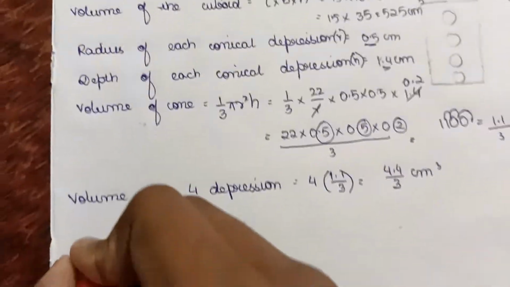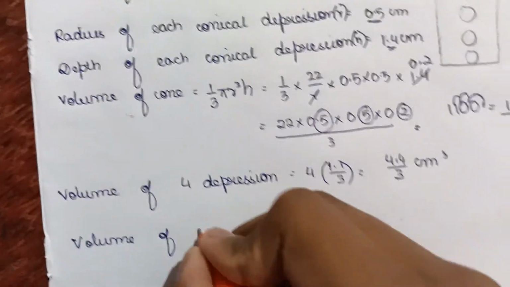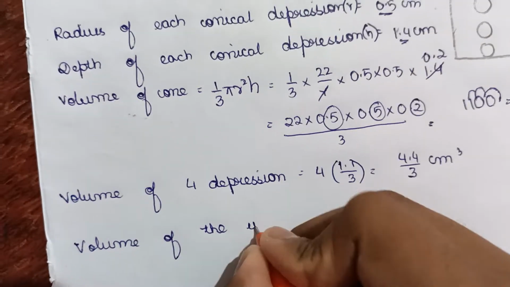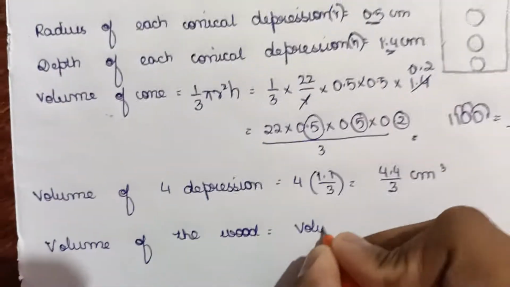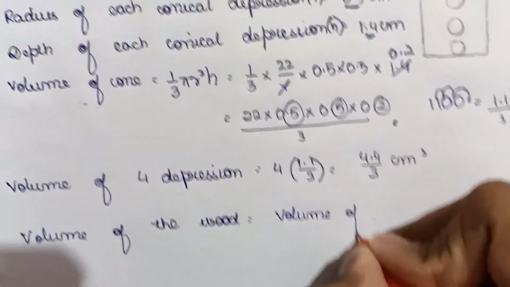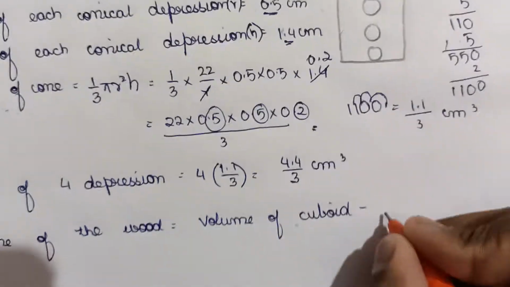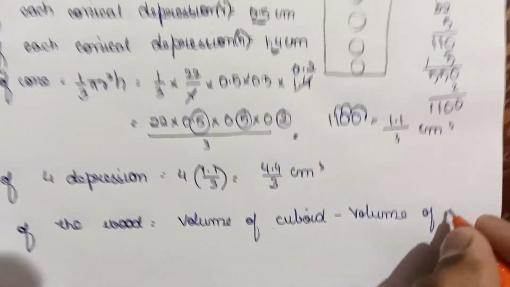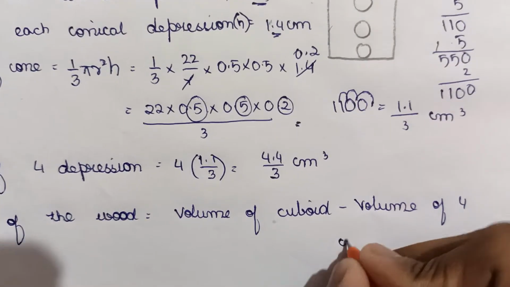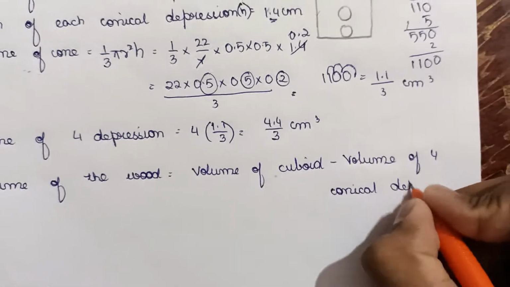So the volume of the wood is equal to volume of cuboid minus volume of 4 conical depressions.